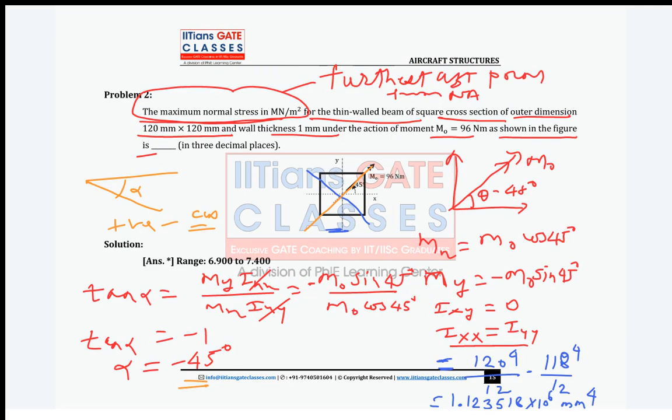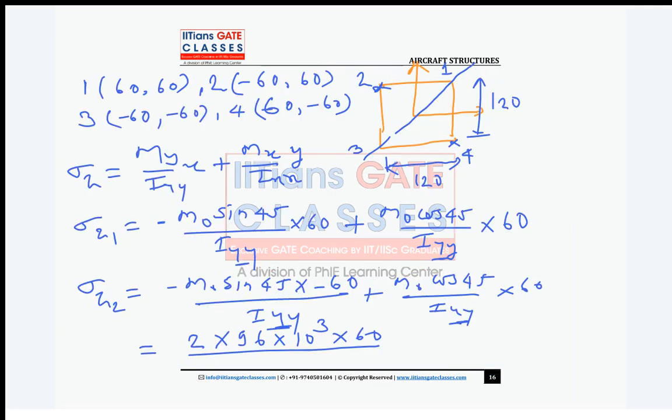It is 1.123518. So 1 and what is sine 45? 1 by under root 2. Sine 45 or cos 45, 1 by under root 2. So you have to divide, then 1.123518 into 10 to the power 6.